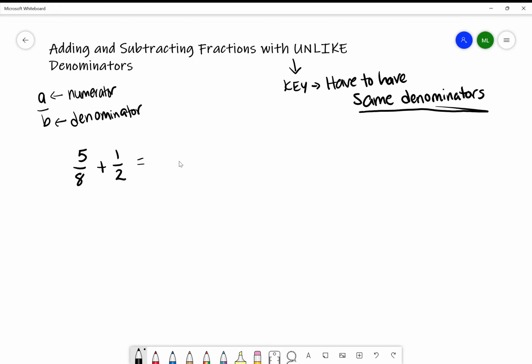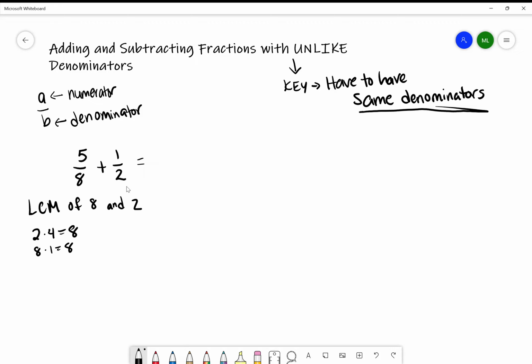So I will first look at the denominators. On the left hand side I have 8, on the right hand side I have 2. So you have to find first the least common multiple of 8 and 2. If we created a least common multiple diagram, I know that 2 times 4 is equal to 8, and 8 times 1 is equal to 8.